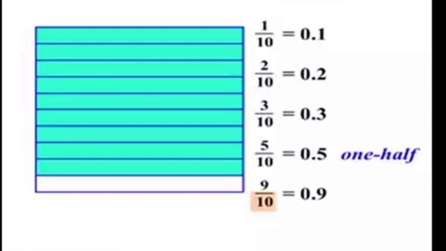So the denominator is 10 and after the decimal there will be 1 digit. Okay, have you understood? See this one, if we divide into 100 parts, what can we say about the colored part? If we count, the total is 28.